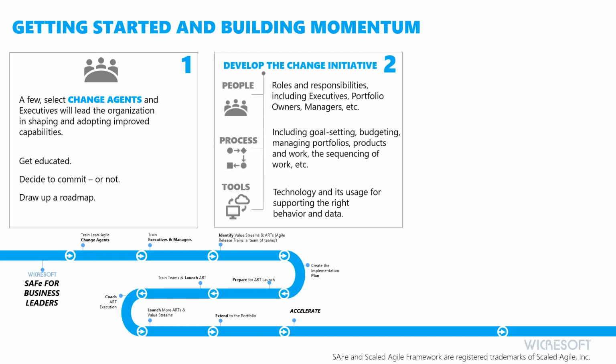Now, if you do decide to go forward at that point, then you have some kind of change initiative on your hands, and those kinds of change initiatives should always have a people, process, and tools focus all happening at the same time.